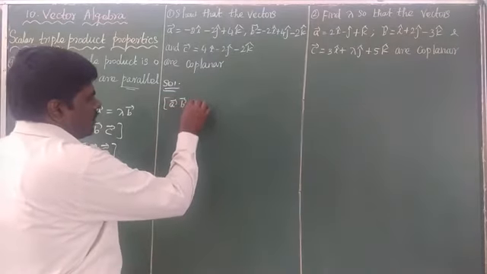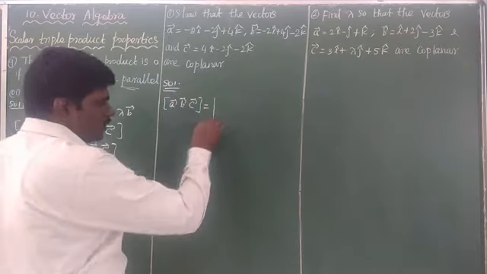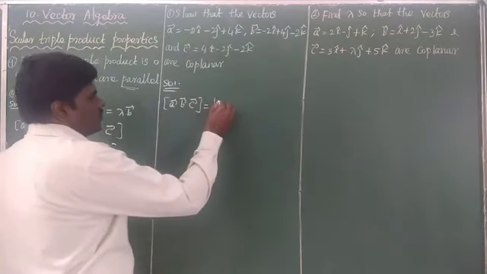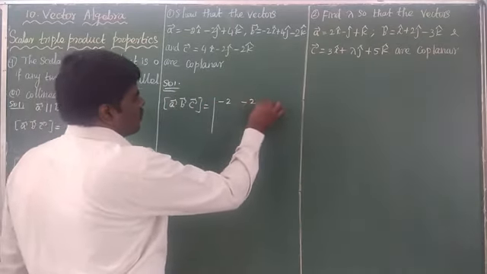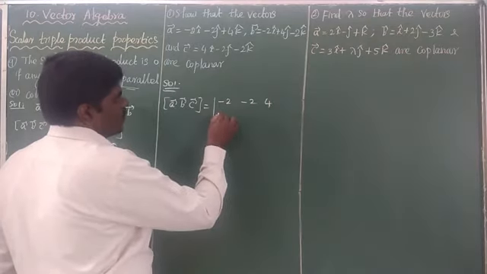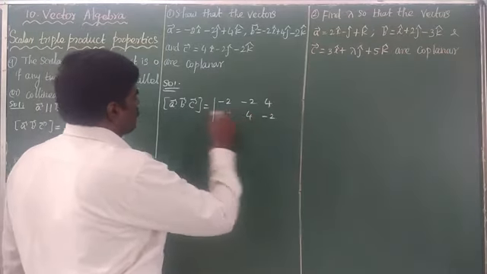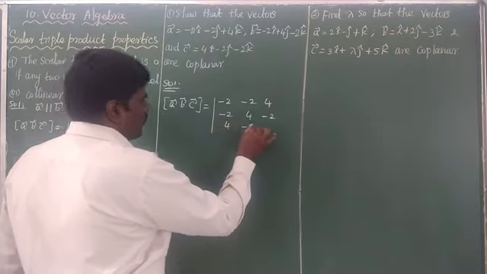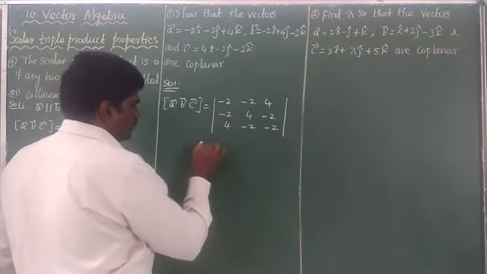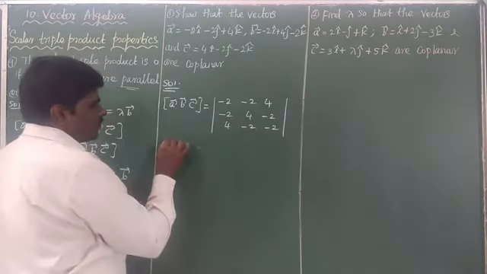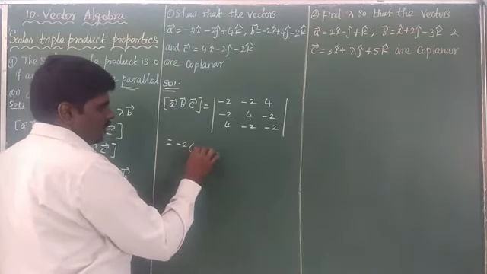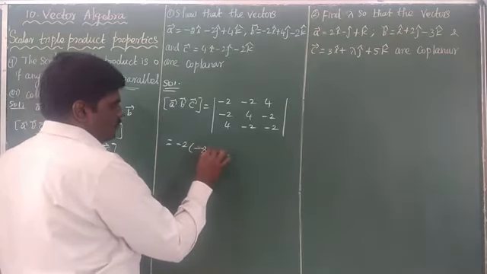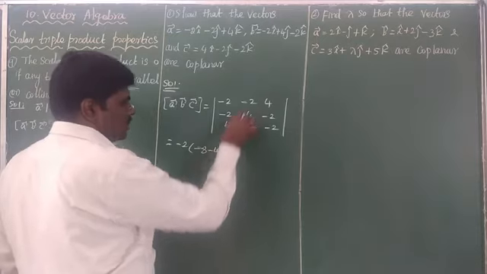Here the scalar triple product of A vector, B vector, C vector is equal to the determinant of A vector, what's the value? 2, -2, 4. B vector is equal to -2, 4, -2. C vector is equal to 4, -2, -2. Here, simplify: -2 into -8, -4. Here minus of minus +2.